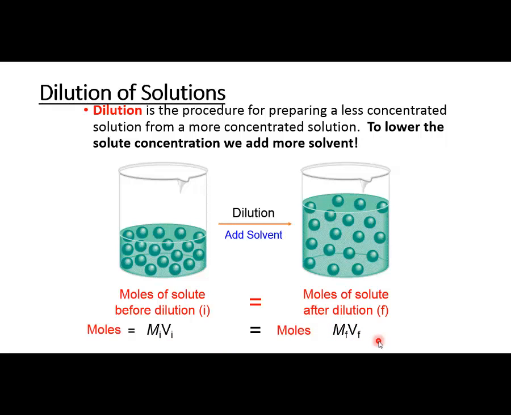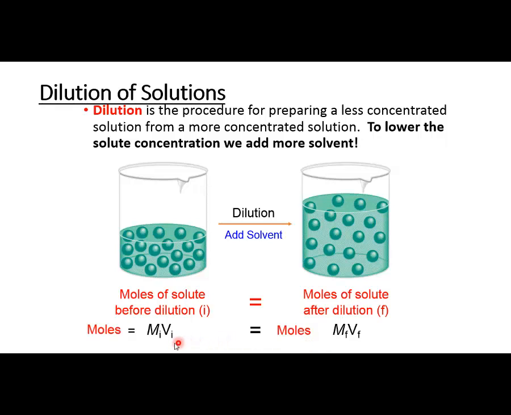to calculate dilution conditions. Sometimes you'll see this equation written as CiVi, with the initial concentration as a capital C rather than a capital M for molarity, and then the final concentration as C sub f, V sub f. Sometimes these terms will be written with a capital C because we can work with other concentration terms. Today I'm going to use molarity, so I'm just going to use capital M's.